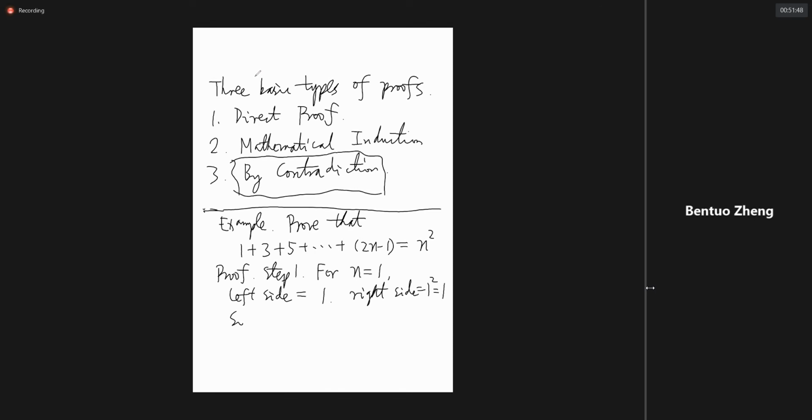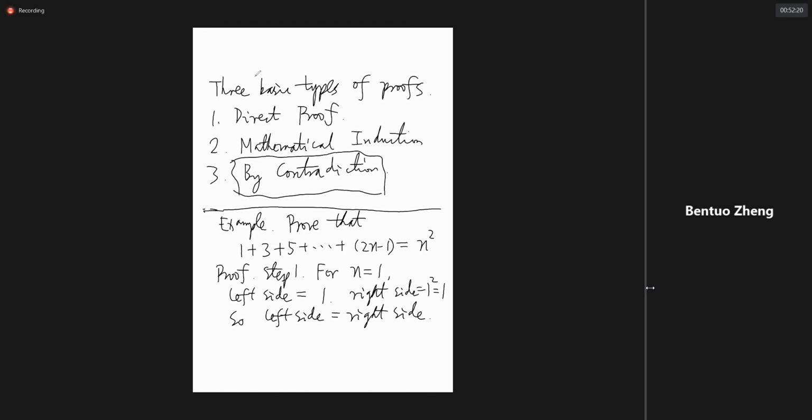So we have left side equals right side. So the step 1 initial case is simple. You just compute the left side and compute the right side by plugging in 1. Then you get equality.